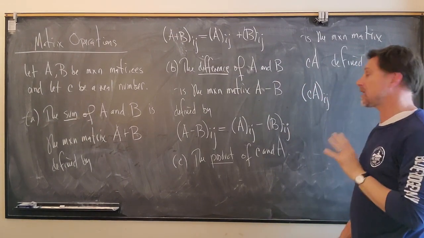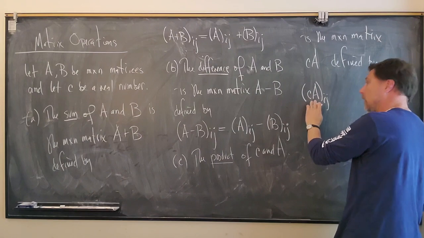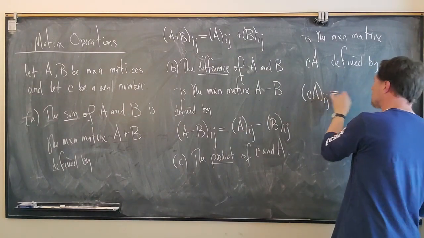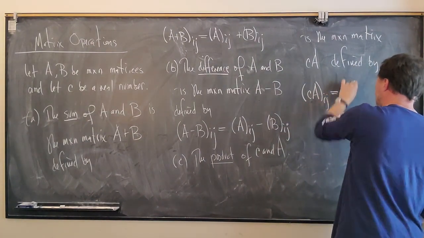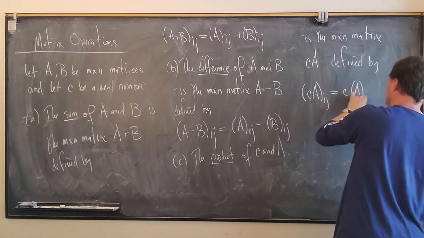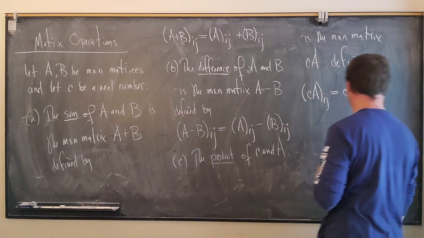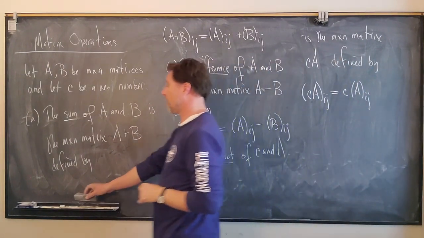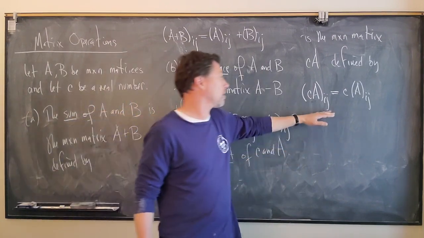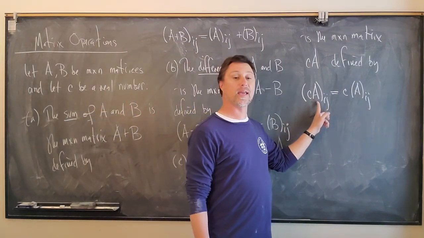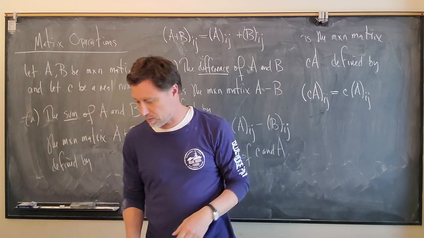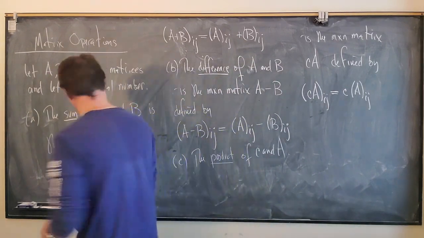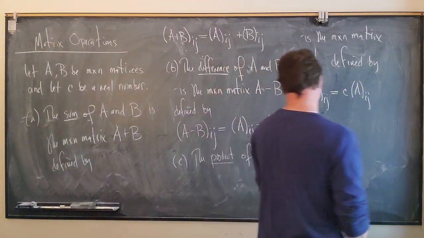So CA sub ij is c times A sub ij. So how do you do this operation? Take each entry in capital A and multiply it by little c. This is also referred to as scalar multiplication.